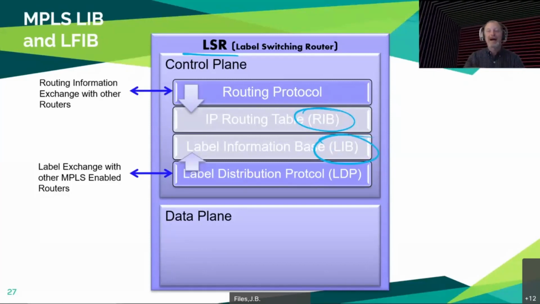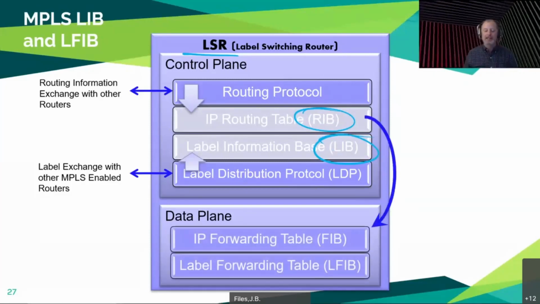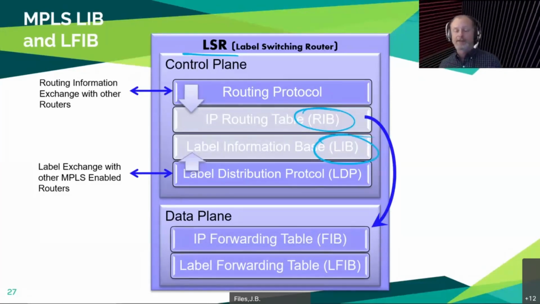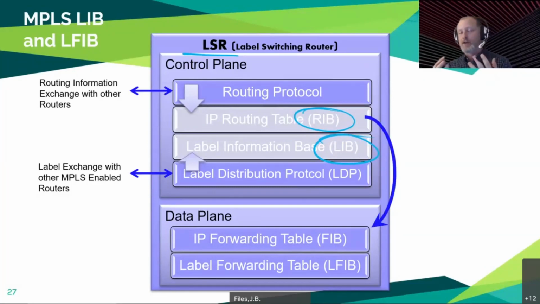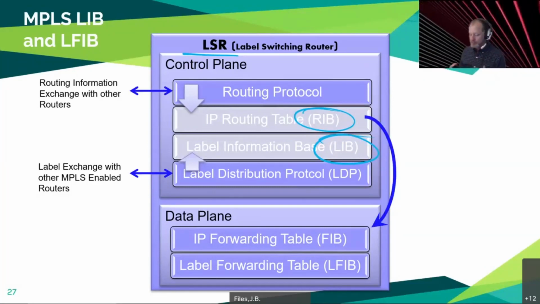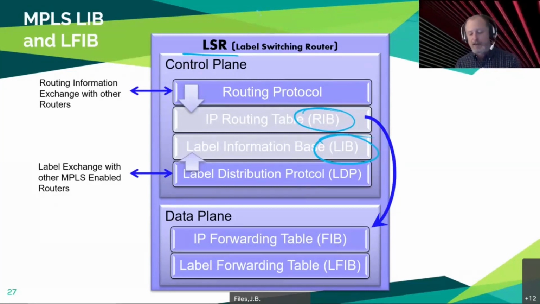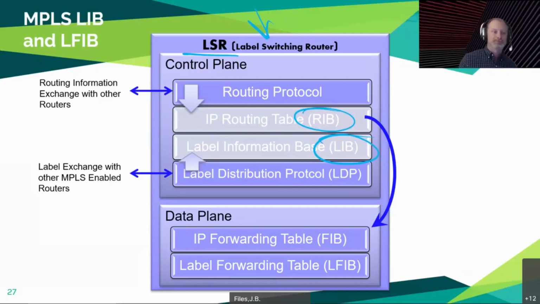Now that needs to populate the data plane. The IP routing table populates the forwarding table in hardware. If you remember from our discussion from 240, in switches, that's why it's called MPLS switching, because it's done in hardware.